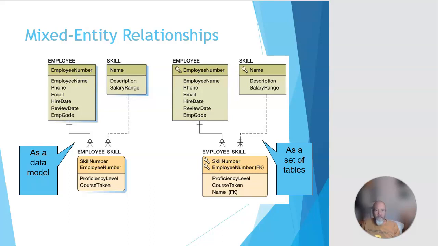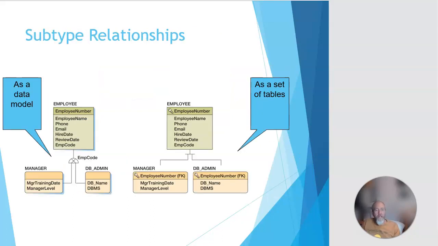But notice that you've also got this thing there called skill number, and that with the employee number becomes a composite primary key. Would I design anything this way? Probably would not use this design pattern. And we'll talk about later what design patterns you would use.